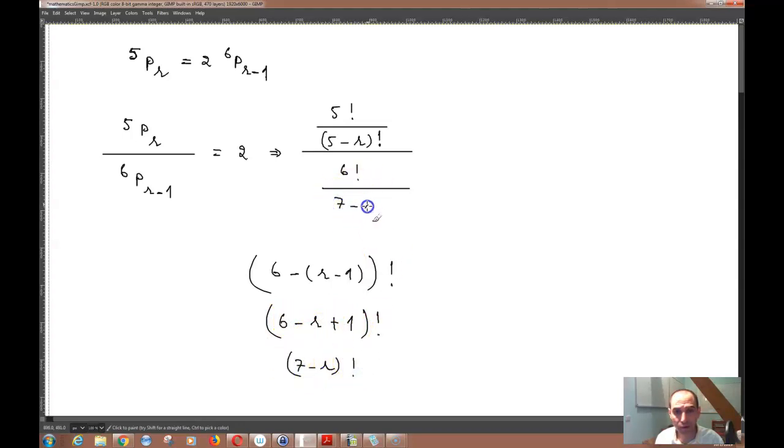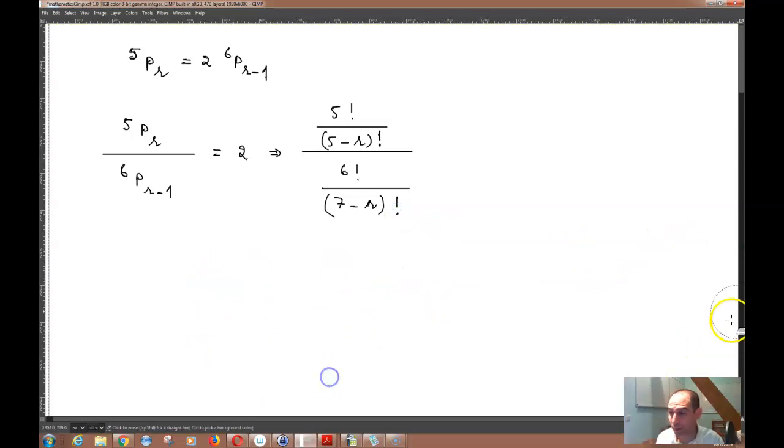So that is 7 minus R factorial. And that is equal to 2.